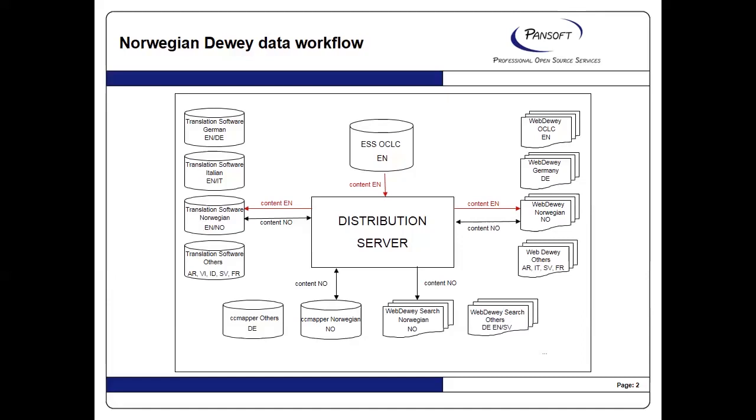So what else is new? As I described, there's this product called CC Mapper for the Norwegian team, and it was implemented about 2 years ago. Just yesterday, I received word from the German team from Göttingen that they have the final funding to contract Pansoft to introduce a second instance of CC Mapper in Germany, to use CC Mapper for mapping from RPK to Dewey.